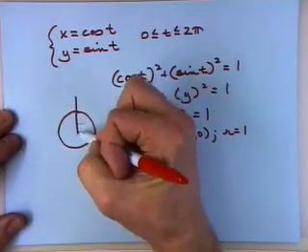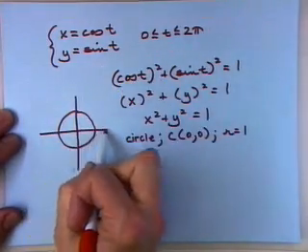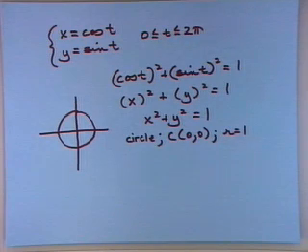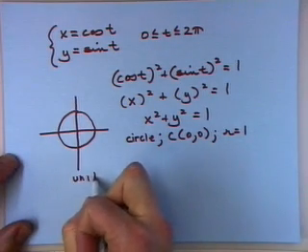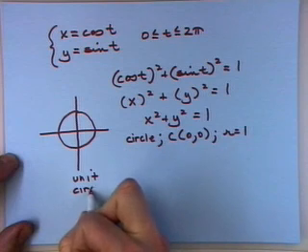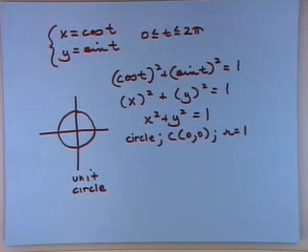Now, a circle, center at the origin, and radius of 1, isn't that sometimes called the unit circle? I'm trying to kind of take us collectively to something that I think will ring a bell here. And what do you know about points on the unit circle as they progress around the unit circle?